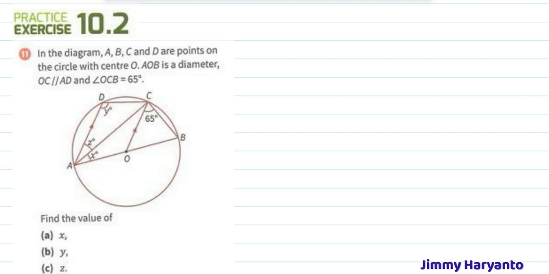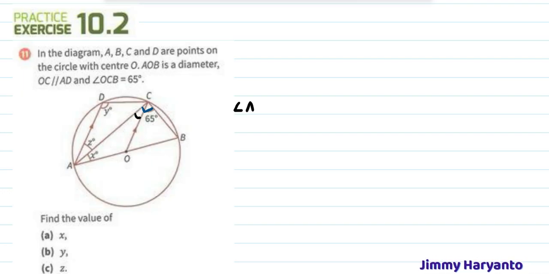Next is 11. For question 11, you already have the diameter right there, and this is the circumference angle. That means this one is 90 degrees. And since that one is 90 degrees, we can find this one.